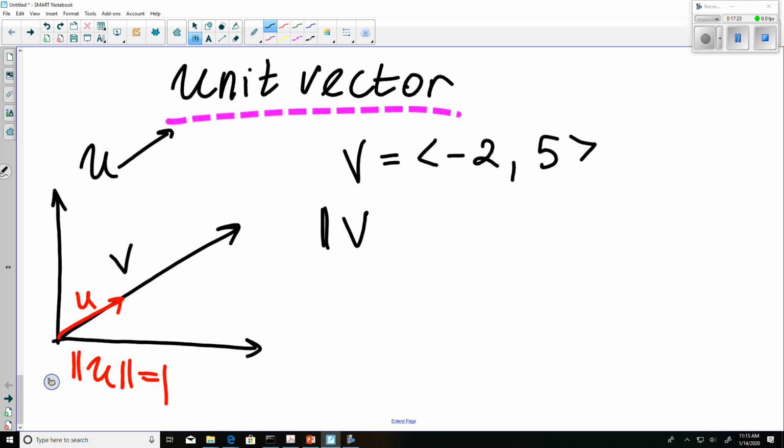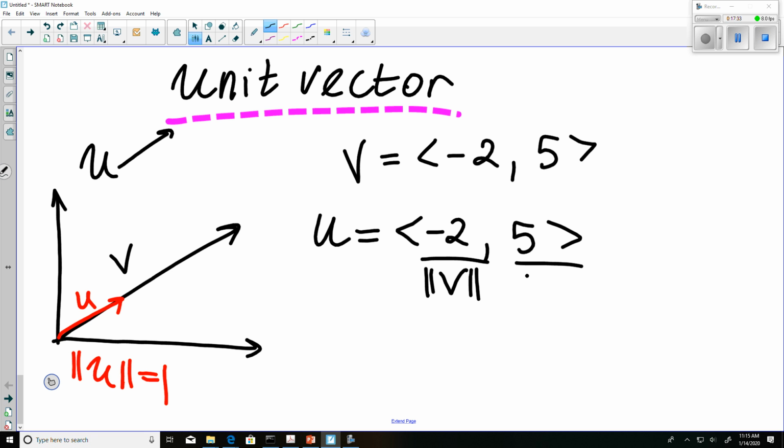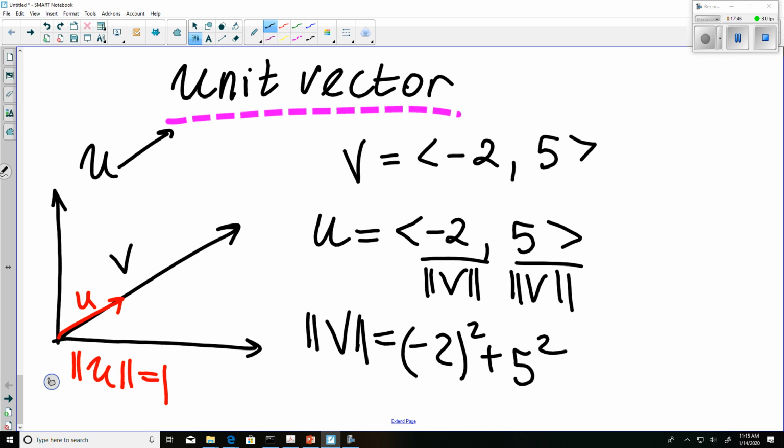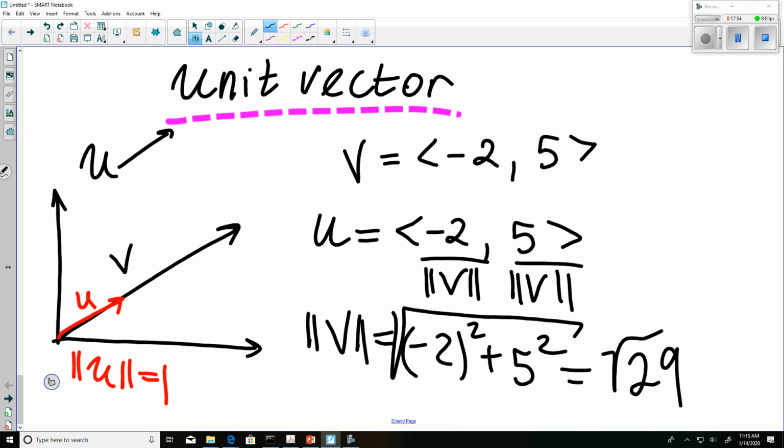So my formula for u will be the components of v, -2 and 5, each divided by the magnitude of this vector. Okay, the magnitude is the square root of (-2) squared plus 5 squared. How much is it? Root 29. My vector u will have coordinates -2 over root 29 and 5 over root 29.